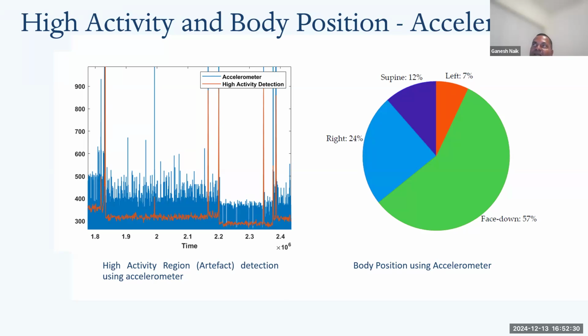In an overnight sleep study, EMG is mainly used to detect body position, but that can be easily replaced by an accelerometer, which is less expensive and easy to use. Smartphones also have accelerometers, so even they can be used for these kinds of studies.